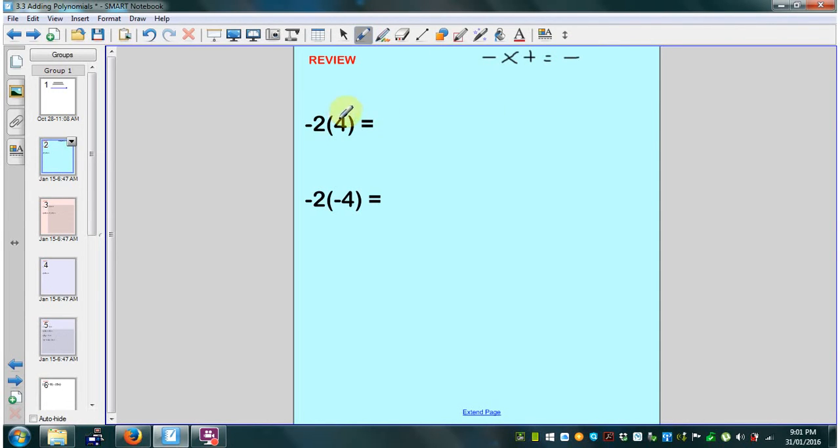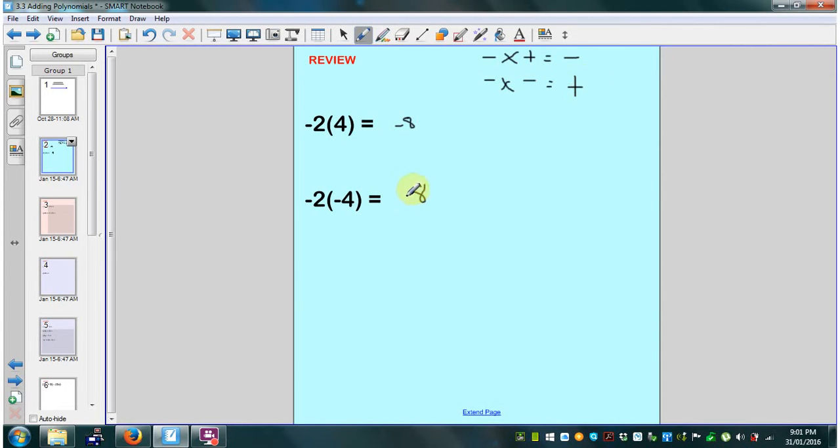So negative 2 times a positive 4 is going to be 8, and it's a negative because it's negative times positive. Here we have negative 2 times negative 4, so 8 is the number, and we have a negative times a negative, and that's going to equal a positive.